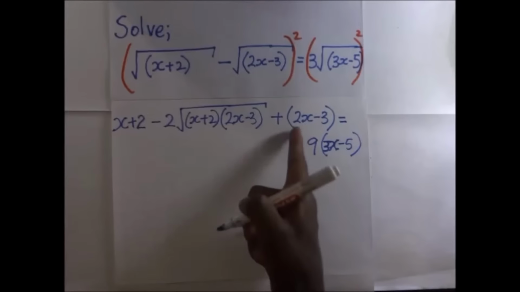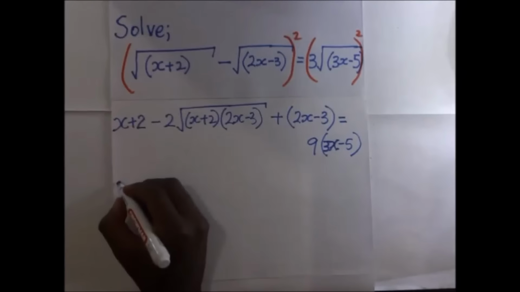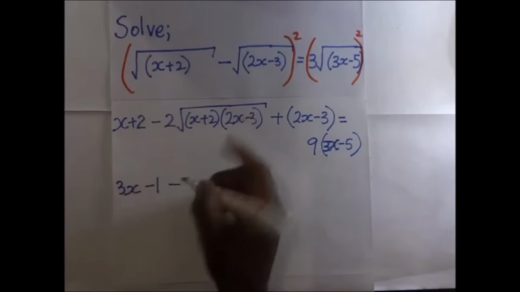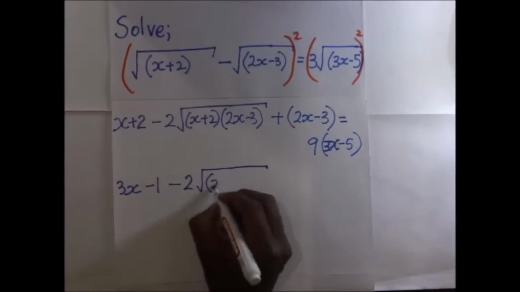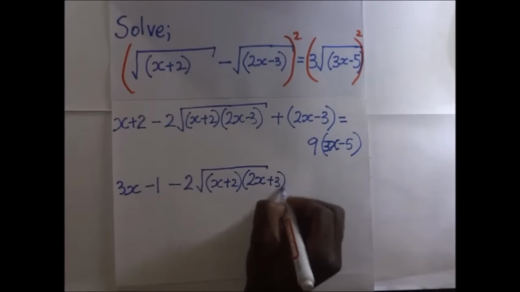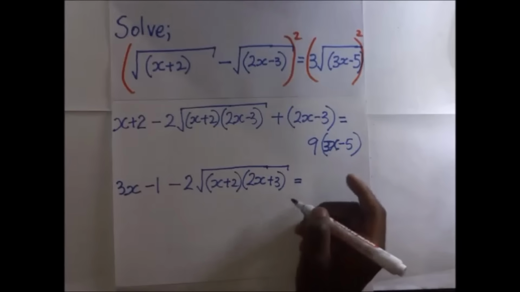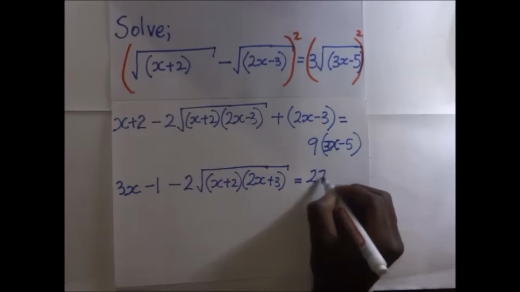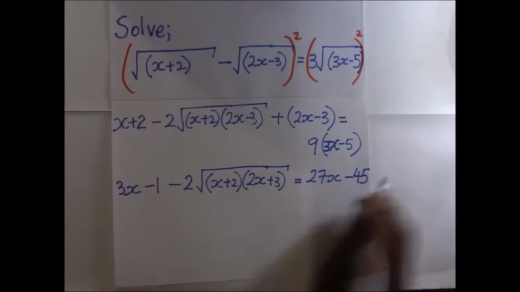So we collect like terms. We add this to that term, and adding this to that term is going to become 3x minus 1, then minus this, minus 2 under the square root of x plus 2 into 2x minus 3, should be giving us, now this is going to become 9 times 3 is 27x, then 9 times negative 5 will give us minus 45.